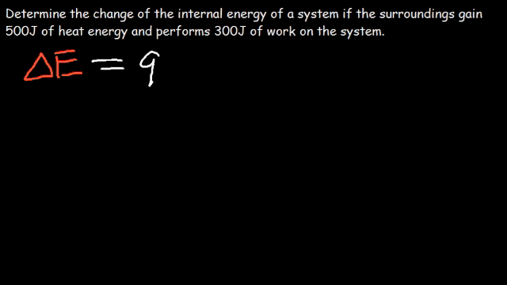So let's write the equation. We know that Q is 500. Is it positive 500 or negative 500? The surroundings gain energy. If the surroundings gain heat energy, that means the system is losing heat energy.